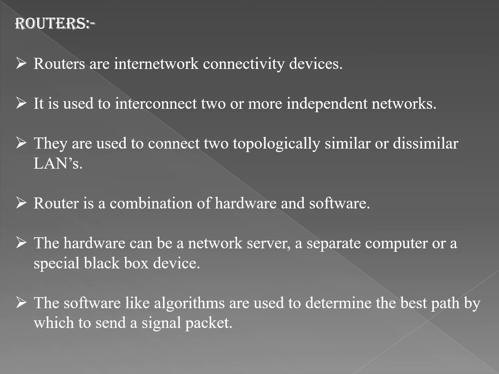Software like algorithms are used to determine the best path by which to send a signal packet. Whenever we transfer the signal in packets, which are called frames, the routing is done with the help of the software. So hardware is the device which is used for routing, and how it routes the data is determined by the software.